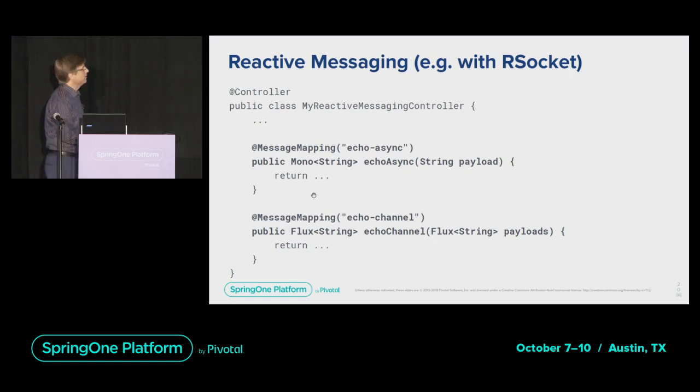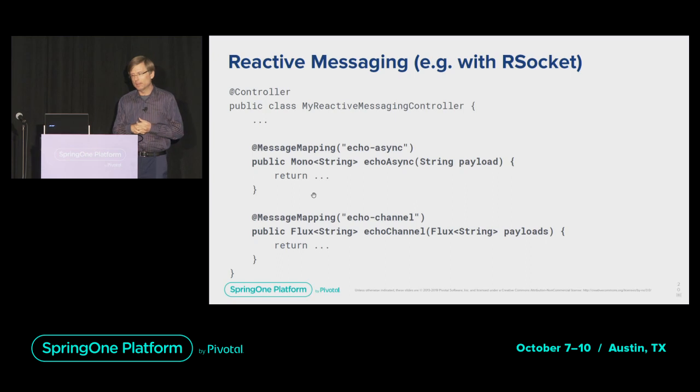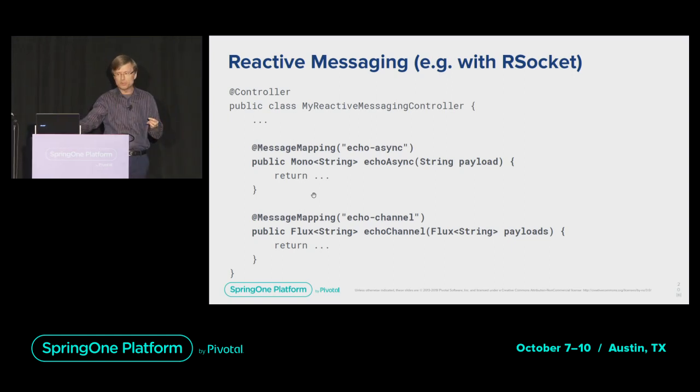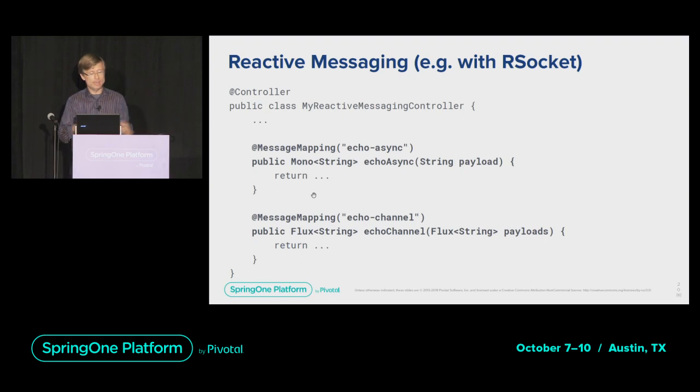Right. Another new or revised facility is reactive messaging, where our good old message mapping annotation that we've been using for STOMP on WebSockets, for example, where incoming messages are being passed into the method and a kind of response message goes out, a reply message is being returned from it.